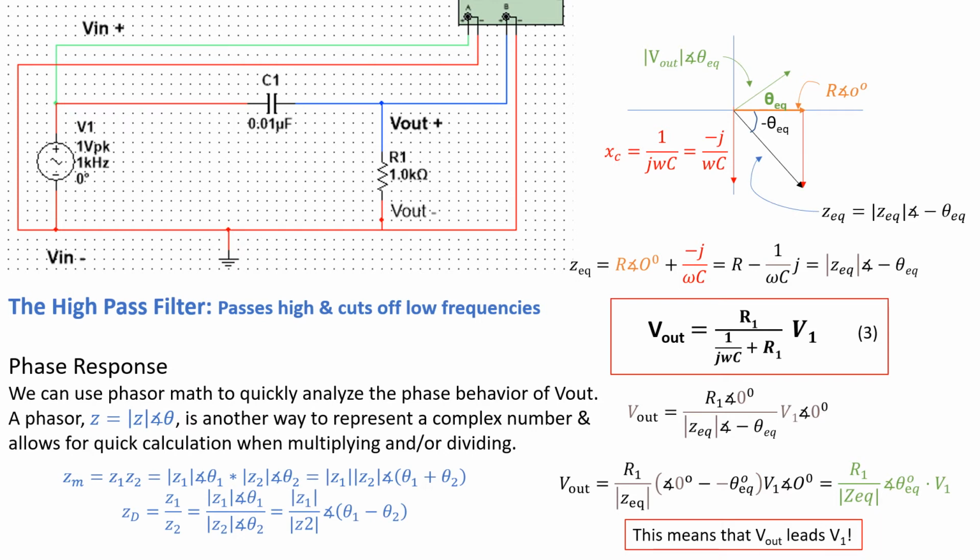To refresh our memory of phasor math, I've reproduced the formulas for the product and quotient of two phasors in blue at the bottom of the slide. When multiplied, the magnitude of the product is simply the product of the magnitudes. The phase angles, however, add. When dividing, the magnitudes divide as normal, but the phase of the quotient is given as the difference between the numerator and denominator.